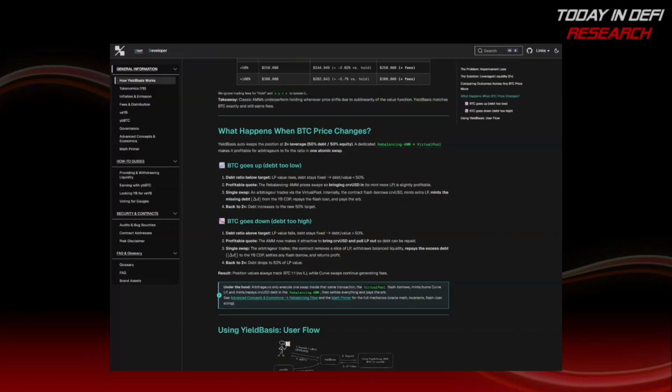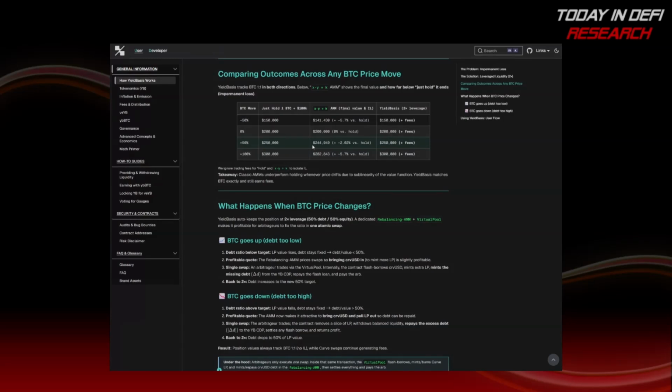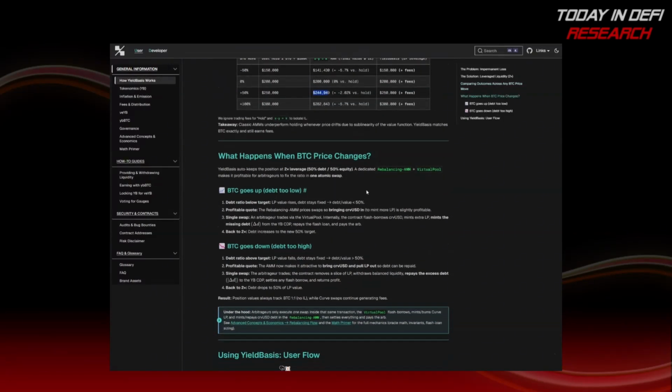And this is why. Let's say the BTC price goes up. Keep in mind that you're currently in a liquidity pool and the BTC price goes up. Even though you're going to suffer some impermanent loss, the USD value of your position is actually increasing. So it means the leverage of your position before any adjustment is actually lower than 2. So YieldBasis will step in and borrow more crvUSD with your LP as collateral to bring your leverage back to 2.